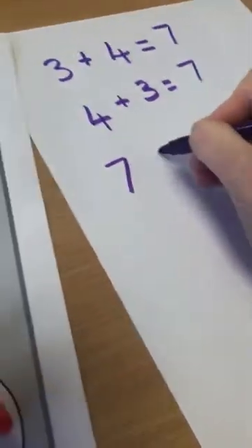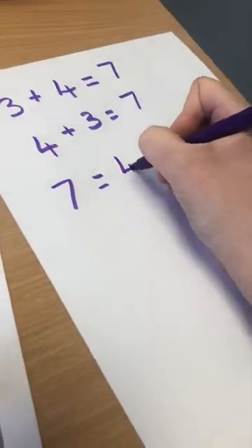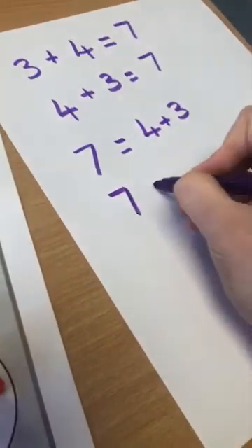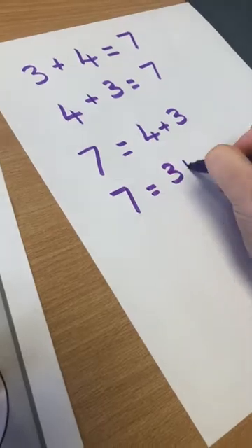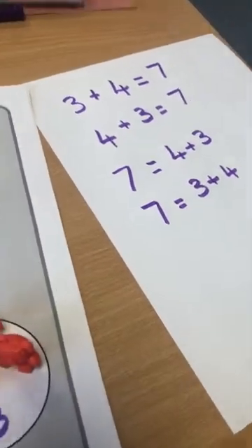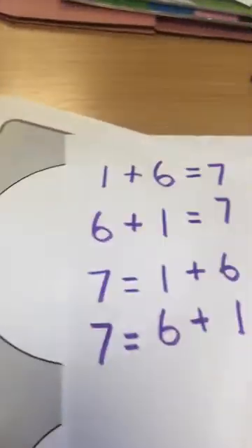We also know that 7 is the whole, so 7 is equal to 4 add 3. 7 is also equal to 3 add 4. We can now see that we have got all these different ways of making 7.